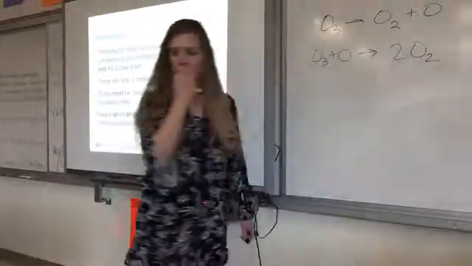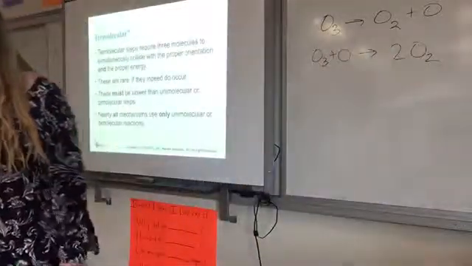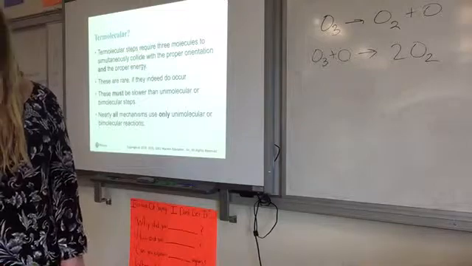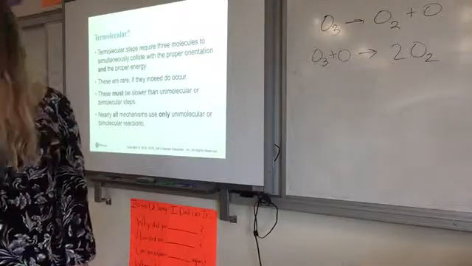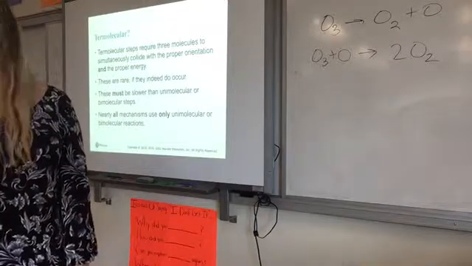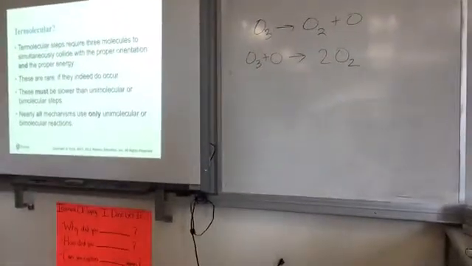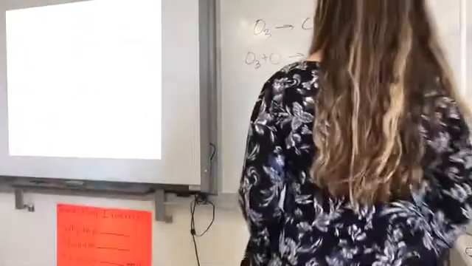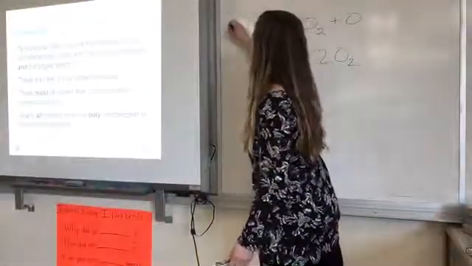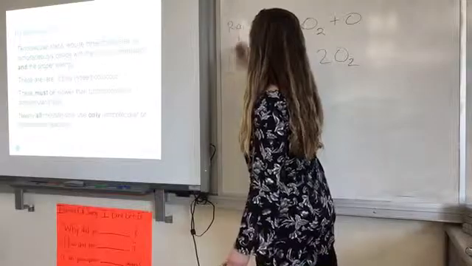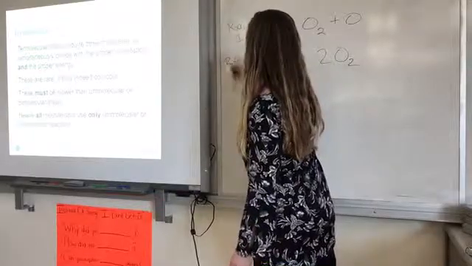All right. So the question here, A, says describe the molecularity of each elementary reaction in this mechanism, okay? So let me turn this a little. All right. So this is reaction 1. This is reaction 2, okay?